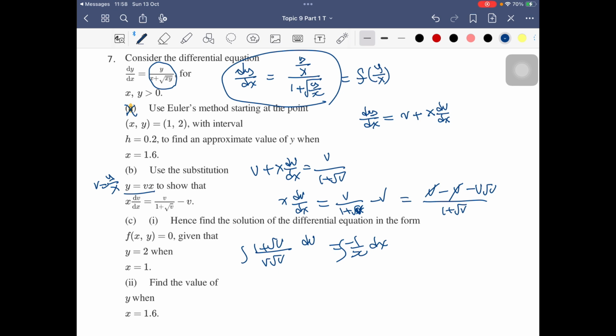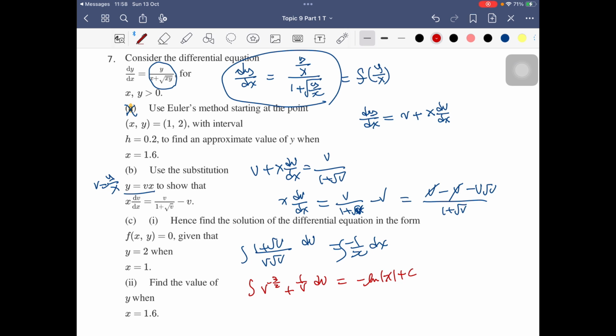So here, this is not something difficult. When we make it like this separation, then it will go to v to the negative 3 over 2 plus 1 over v dv, which becomes negative ln x plus c.